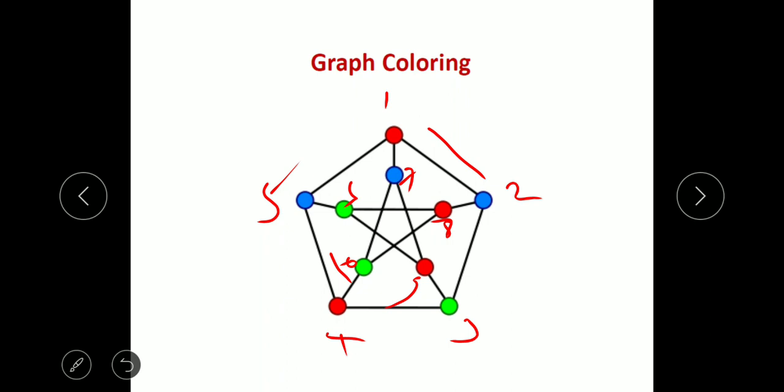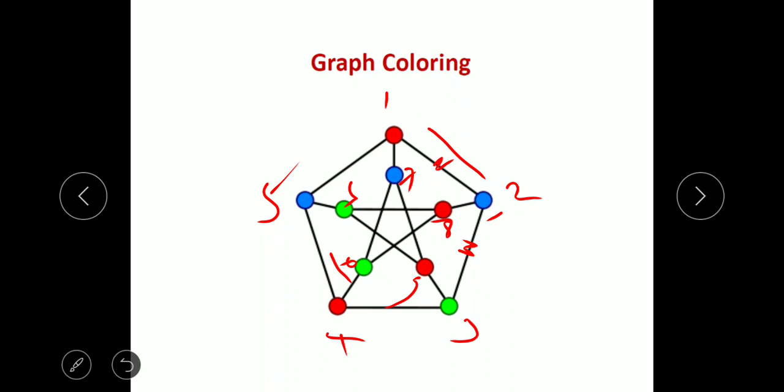Two vertices are said to be adjacent if there exists an edge between them. Therefore, the two vertices of an edge cannot have the same color. Thus vertex 1 has been colored red and vertex 2 is colored blue.